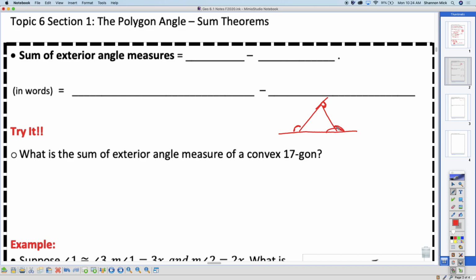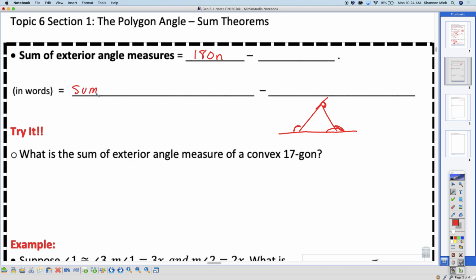Okay? So the sum of the exterior angles is 180, and that 180 is the sum.